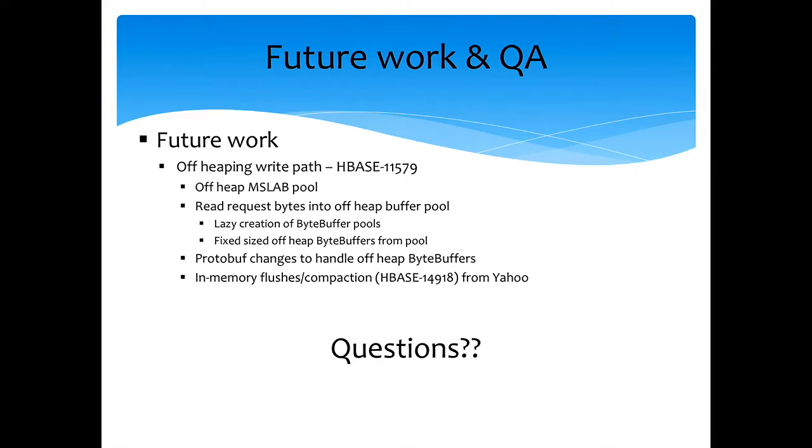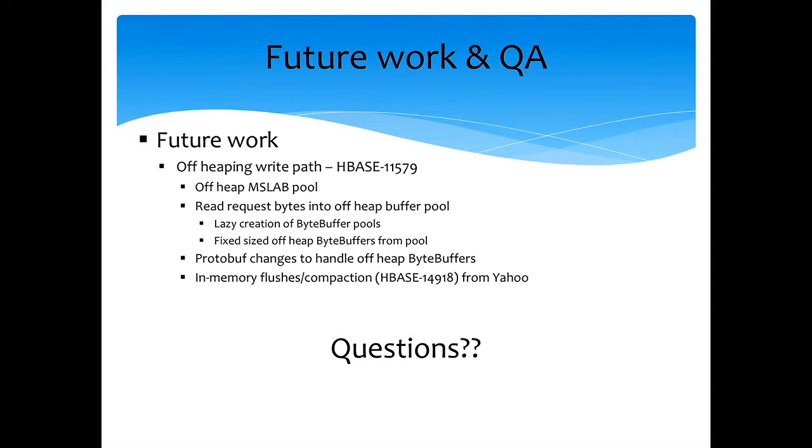And the last one is the in-memory flushes and compactions. This is going to be a very good add-on, because even in their use case there are a lot of duplicates. Even if you don't have a lot of duplicates, the indexing mechanism that they are adopting will be of greater use in this off-heap work. What we observed is, though the cells are moved off-heap, the concurrent skip list map definitely has an overhead.